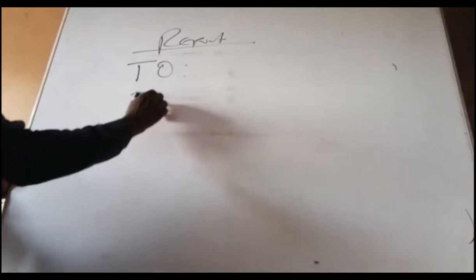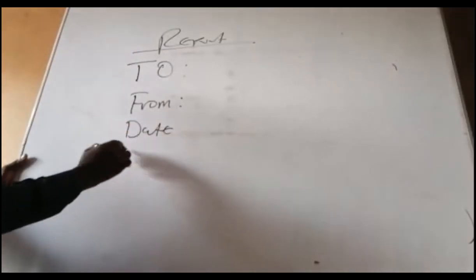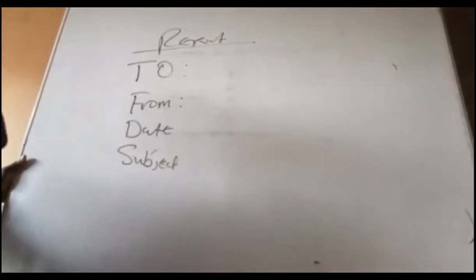You start at the top left corner of your answer booklet. You write the report heading on top, nicely. Then to: who am I writing the report to? The recipient. Then from, then date, then subject. That's all.